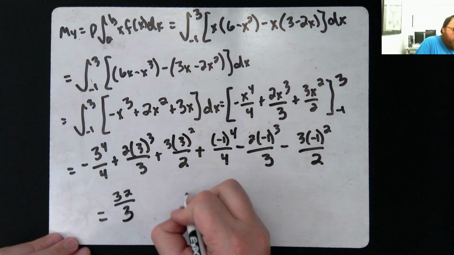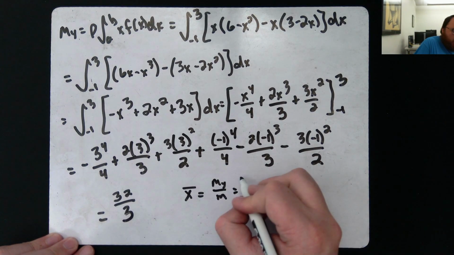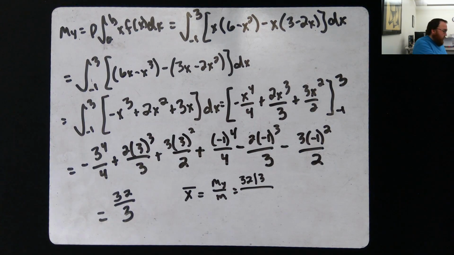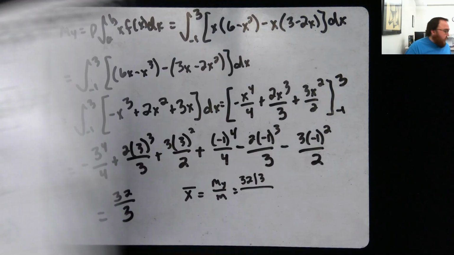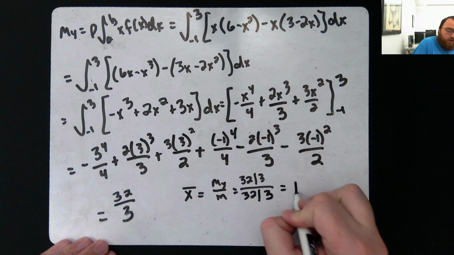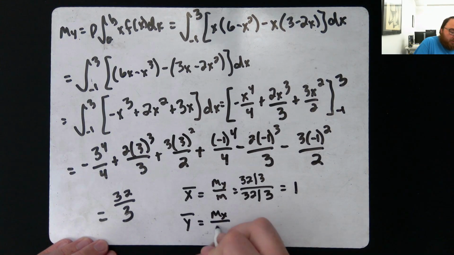So for the centroid about x, remember that's the moment about y over my mass. Moment about y is 32 thirds. My total mass we found was also 32 thirds. How helpful is that? 32 thirds over 32 thirds is just 1. And then the centroid for y, that's the moment about x over my mass.